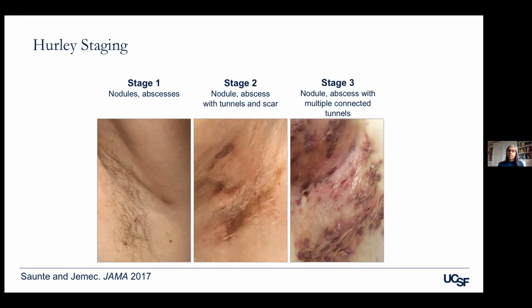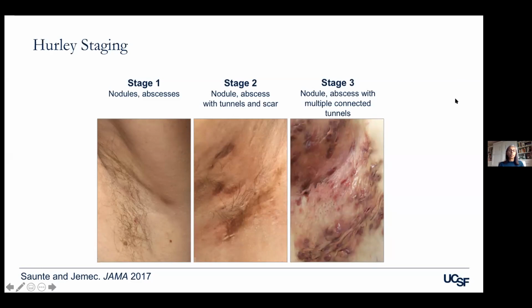Stage 2 disease is characterized by nodules and abscesses with tunnels and scarring. So even one tunnel will buy you a stage 2 on this Hurley staging system. And then stage 3 disease is characterized by nodules and abscesses with multiple interconnected tunnels in any given body site. So one site that has this kind of presentation qualifies for a stage 3 diagnosis.